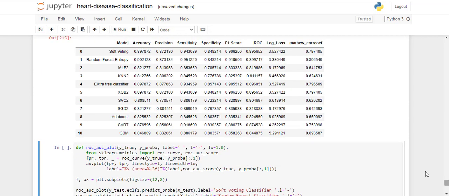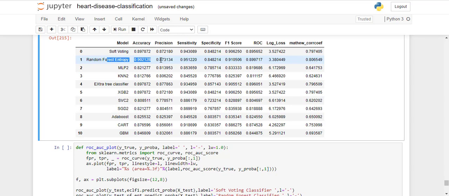So the thing is that random forest entropy has done a good job in terms of accuracy. Precision is 87.3, sensitivity is high, specificity is quite near to soft voting. 91.05 is the F1 score. 89.9 is ROC, which is also high, and all in all, log loss is also less, 3.38.